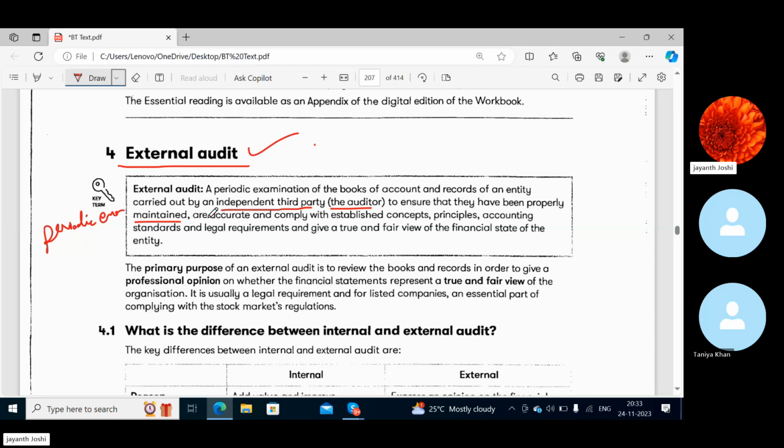They will come and see whether all the records are intact and accurate and free of errors, and whether all the concepts, principles, and standards have been followed, and also the legal requirements. All the compliances have been made, and it gives a true and fair view of the financial state of the entity. That is what they will be checking. If all things are right, that's okay.